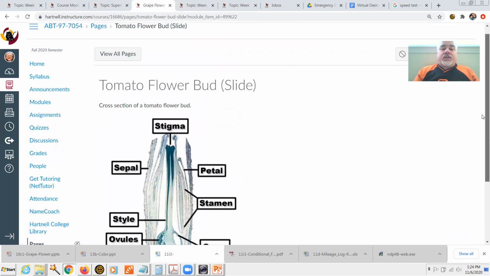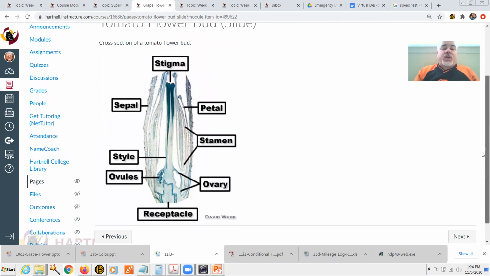Here is a similar type of slide preparation showing a self-pollinated tomato. There is a staminate cone. So the stamen produce what would be a cone. The stamen are surrounding the stigma and style. And as the stigma is being pushed up, as it's growing through the staminal cone, it picks up pollen on it.